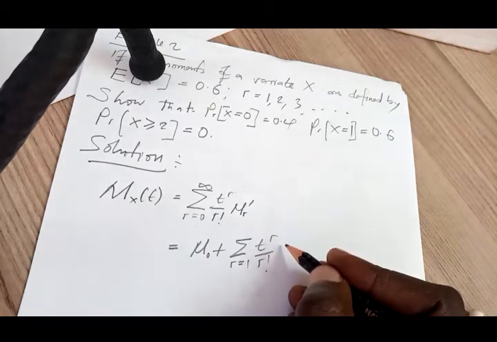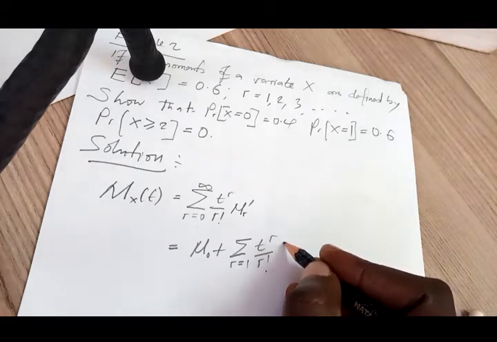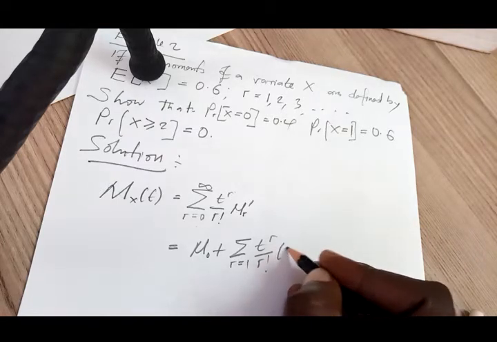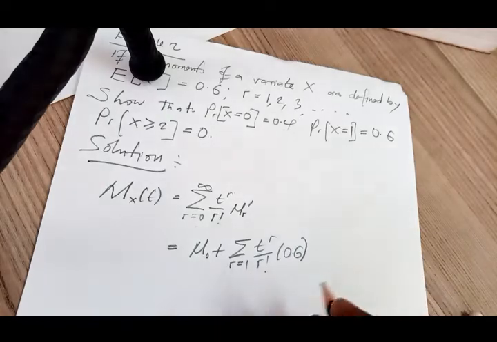Our mu 1 is when x is equal to 1, which is equal to 0.6 according to the problem given.